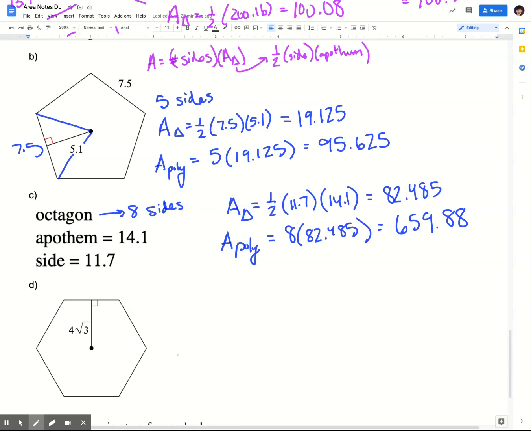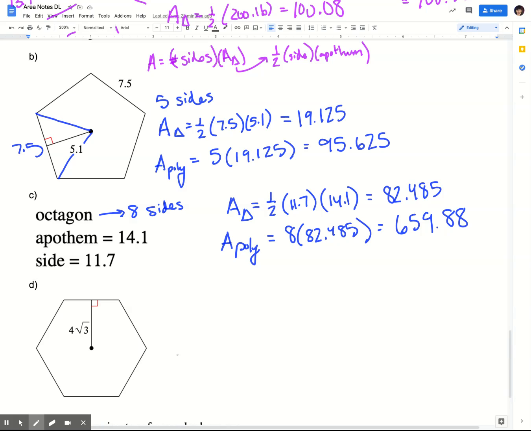So the area of each of my imaginary isosceles triangles is 1/2 times 11.7 times 14.1, which is 82.485. You could have rounded at that point. If you did, you may have gotten a slightly different final answer than I did, but again, totally fine. So I took my area of one of my triangles, multiplied it by 8, because there's 8 triangles total in an octagon.